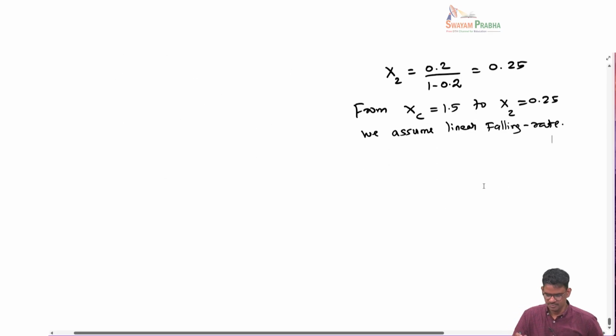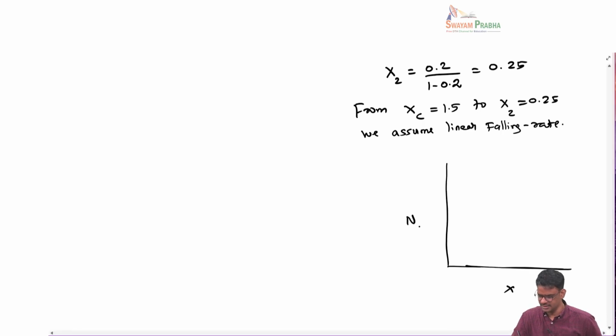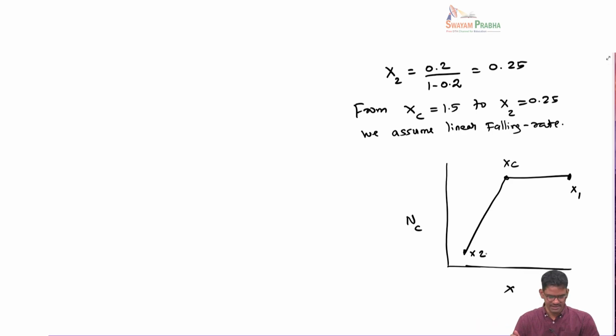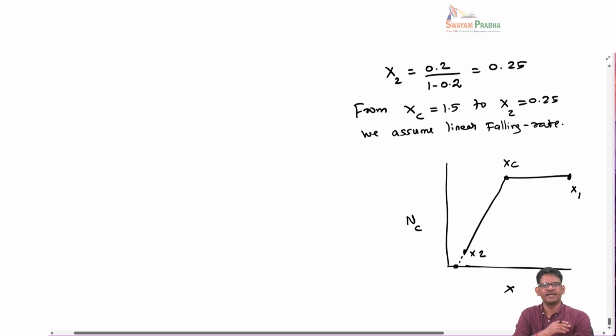So pictorially what it means is that I have X here, NC here. So this is my X1, this is my XC and this is my X2. I am not having any initial period and I don't have any equilibrium moisture content given, I think, somewhere here, but our final moisture content for the original board is 20% by wet basis.